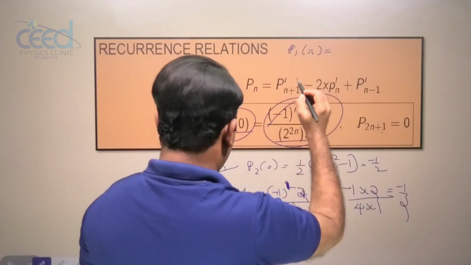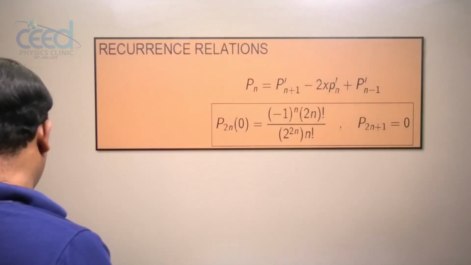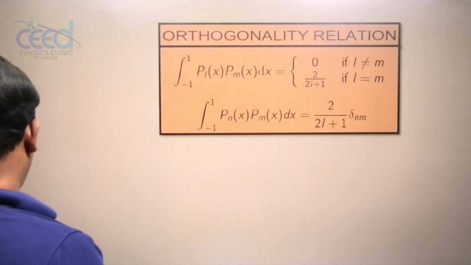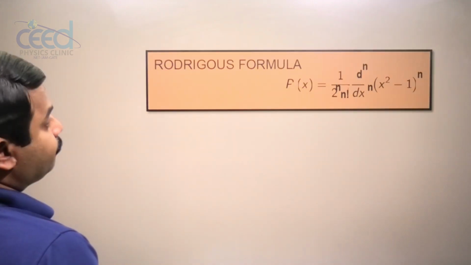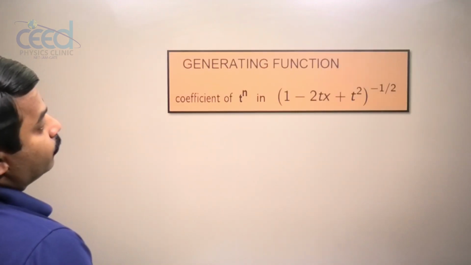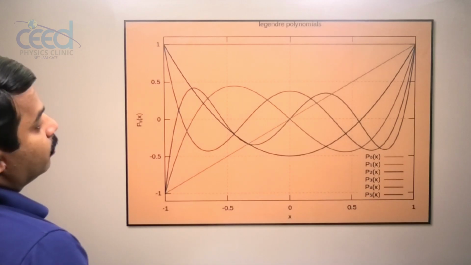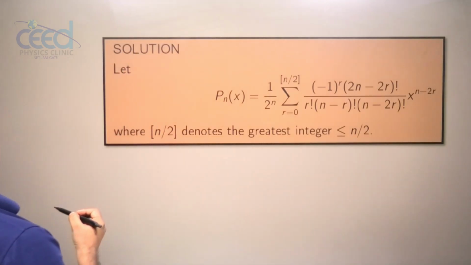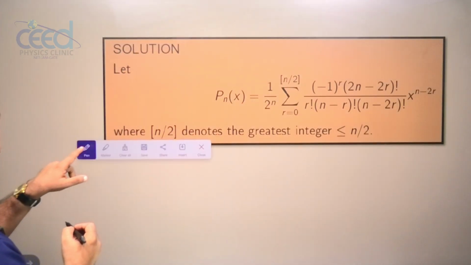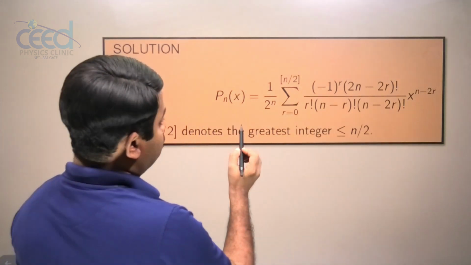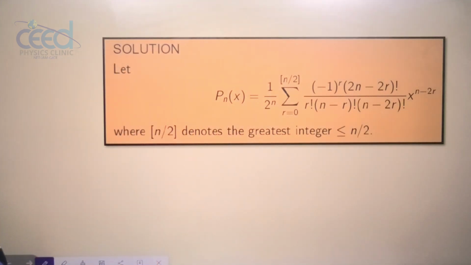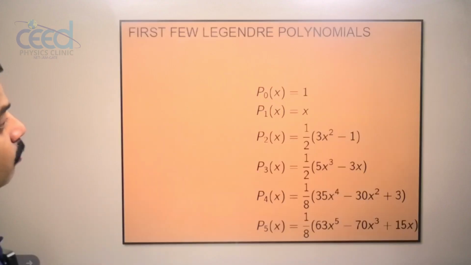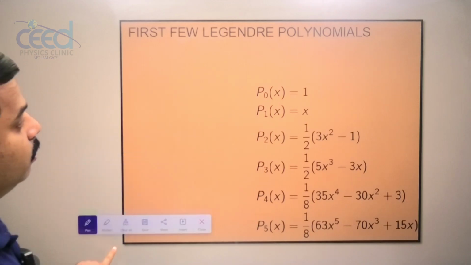Let us go back here; any odd power you take, see, P1 of x is x.